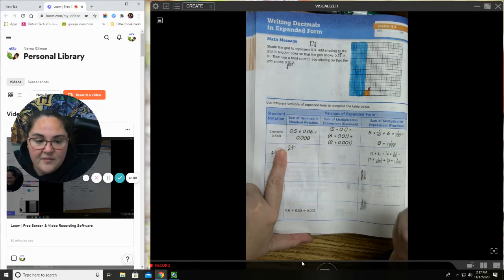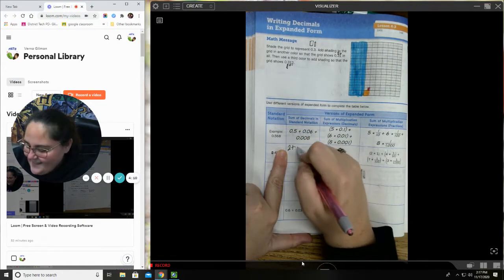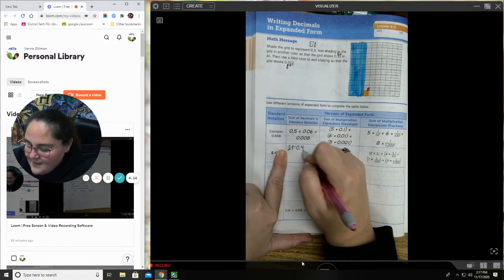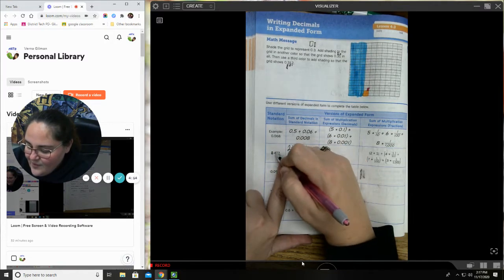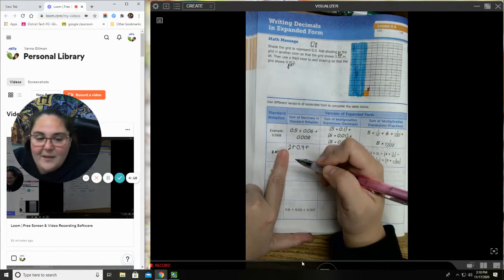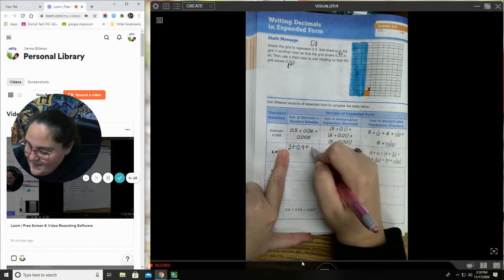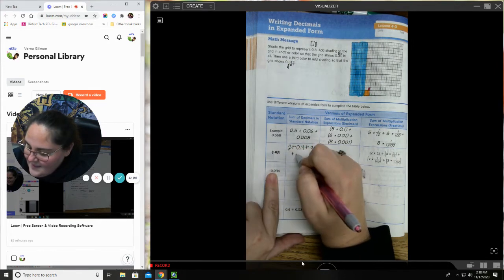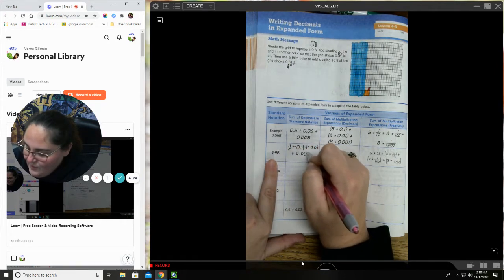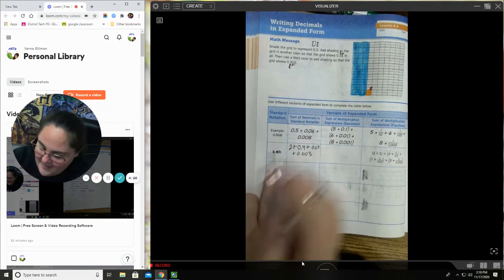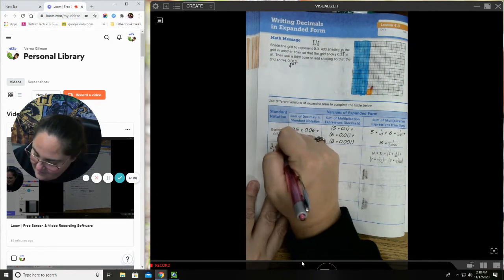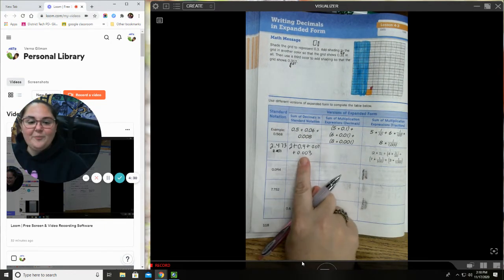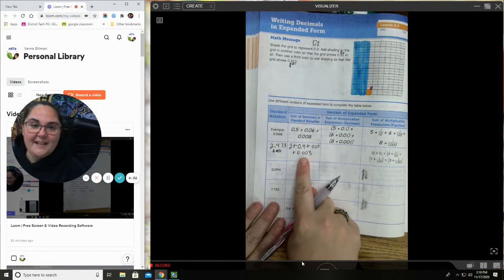Now what number do I have? 0.4. Turn that 4 into a 0. Now what number do I have? 0.07 and 0.003. Use that trick to help you on these. That is the easiest way to do it, guys.